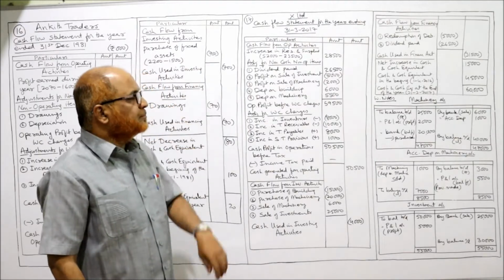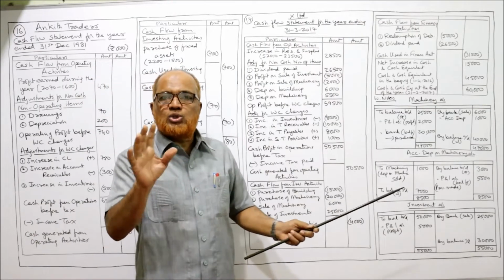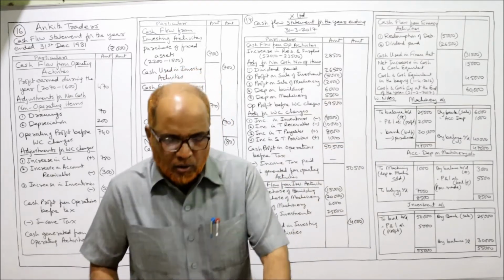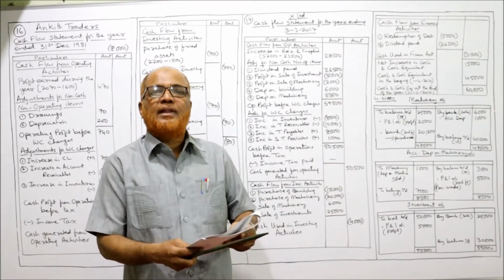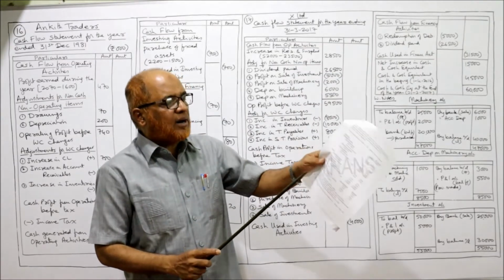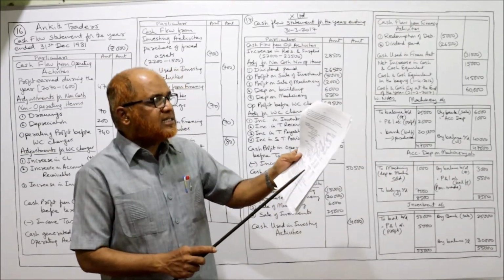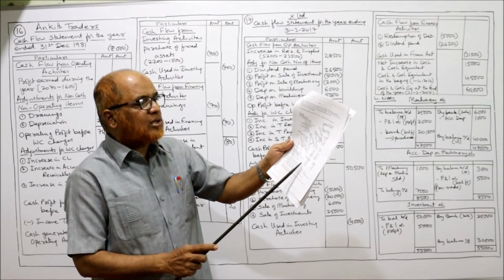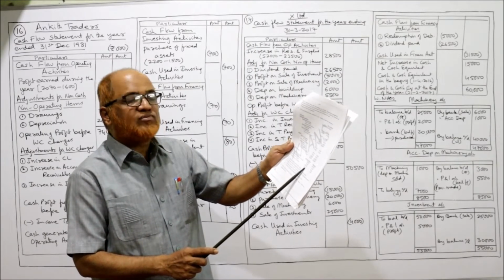Now see, first of all, an asset was sold. We have opened the account of machinery. Before opening the account of machinery, we'll see the land and building. The land and building original cost on 31st March 2016 last year was 85,000. Current year original cost as on 31st March 2017 is 1 lakh.